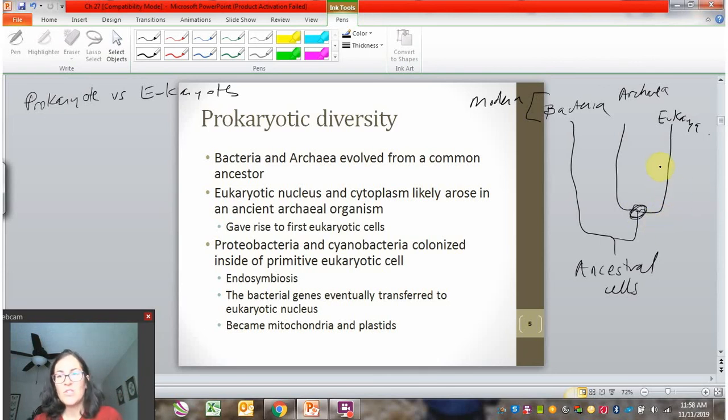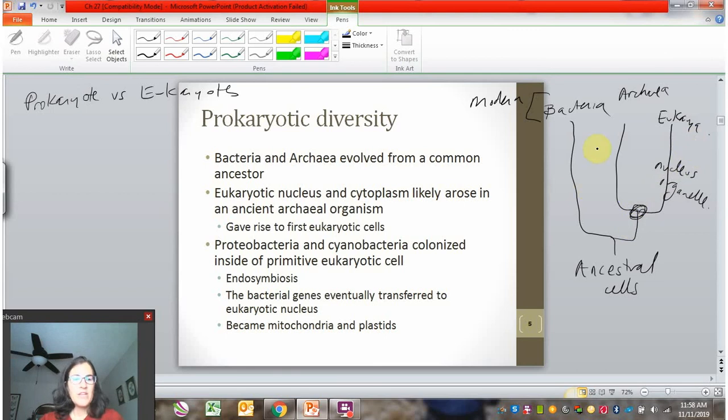So if I was to draw this into a cladogram, I would have nucleus and organelle here. So this is a derived characteristic, to use our language from the previous chapter, that arises in eukarya. But again, this is a close relationship between archaea and eukarya. So an archaeal organism gave rise to eukarya.